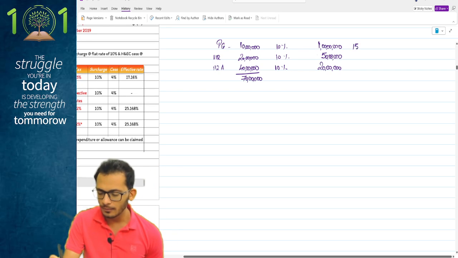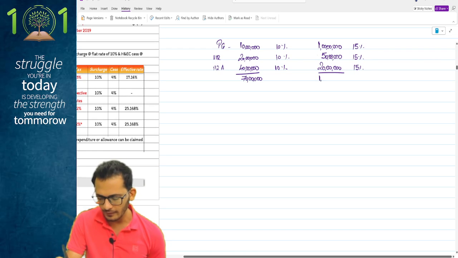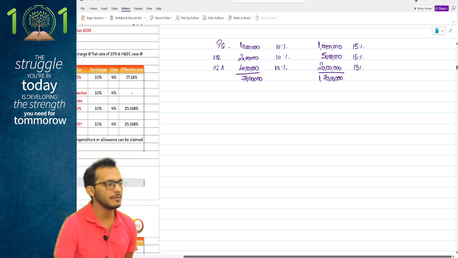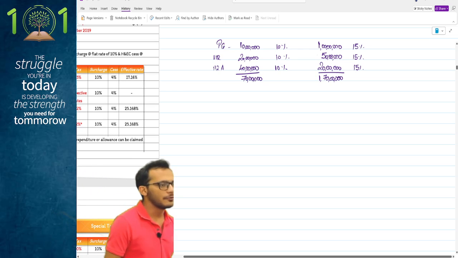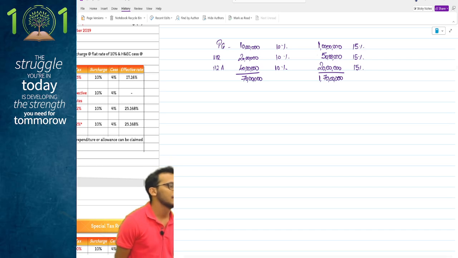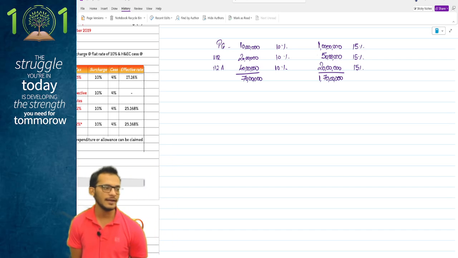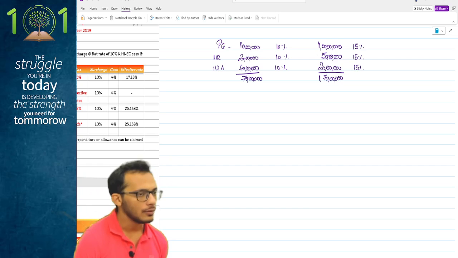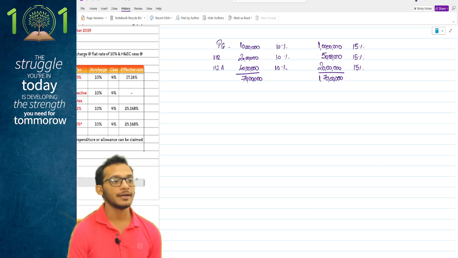For 112, 15. For 112A, 15. Why, Rahul? Because my total income is 1 crore 70 lakhs. If my total income itself is 1 crore 70 lakhs, my maximum surcharge itself is 15. Am I in the enhanced bracket? No. If I'm not in the enhanced bracket, do I have to pay that surcharge? No, I don't have to pay that surcharge. Correct, not correct?